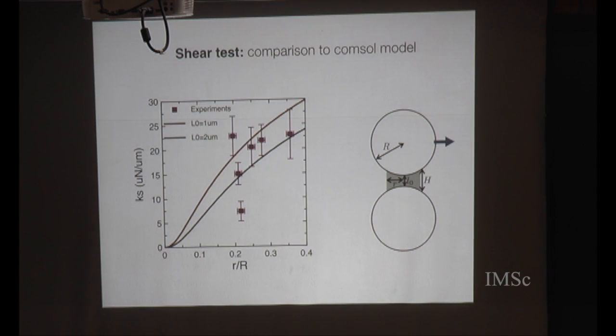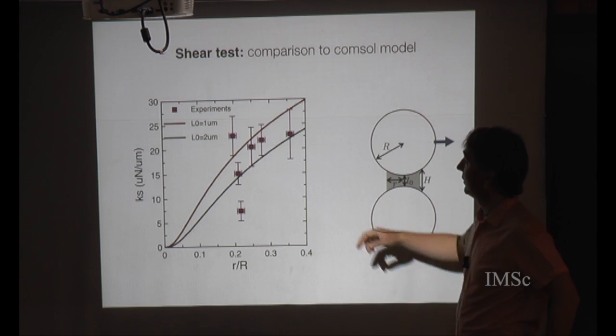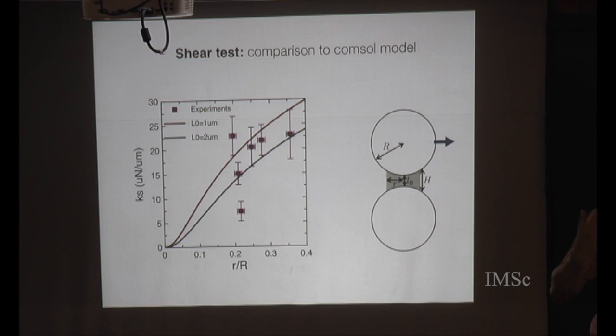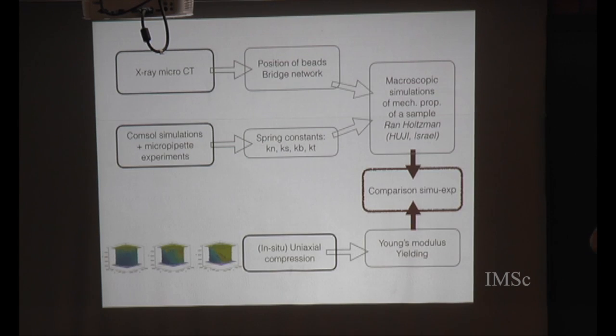Again, you can do observations, and you find it's again consistent with about a 1 to 2 micron gap between the particles. So we have a good idea of what sets the constitutive relationship on the microscale. The next steps are actually to work with, we have a numerical modeler in Israel who's worked on sintered materials before.